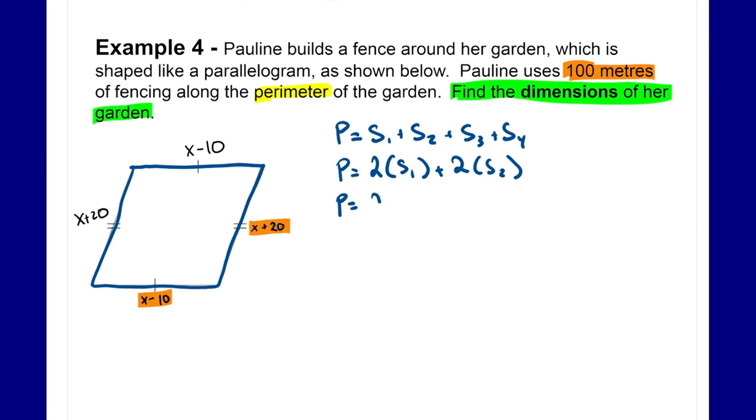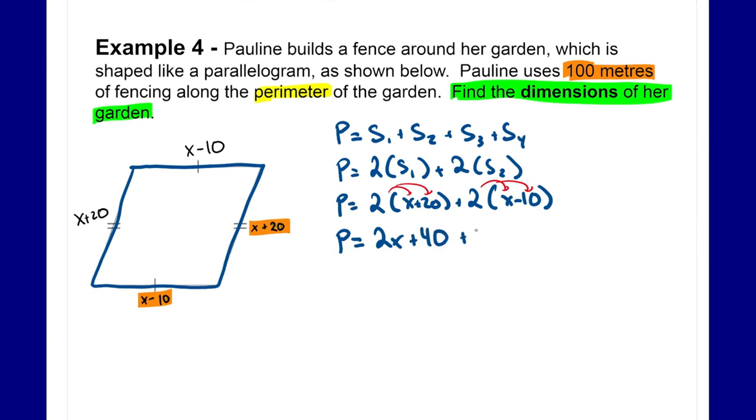So P equals 2 times x plus 20, or it could be x minus 10, it doesn't really matter, plus 2 times x minus 10. I have brackets, so the distributive property: I want to expand, or distribute, or multiply. 2 times x is 2x. 2 times 20 is 40.